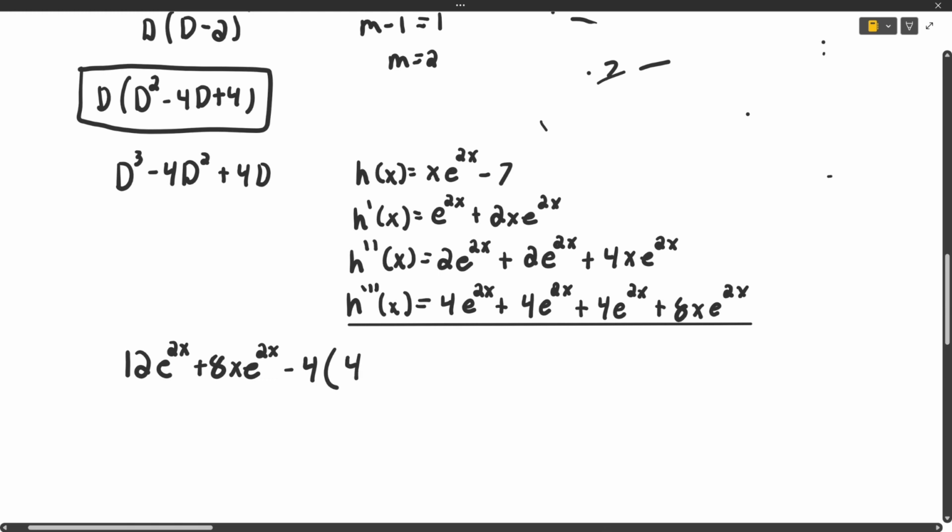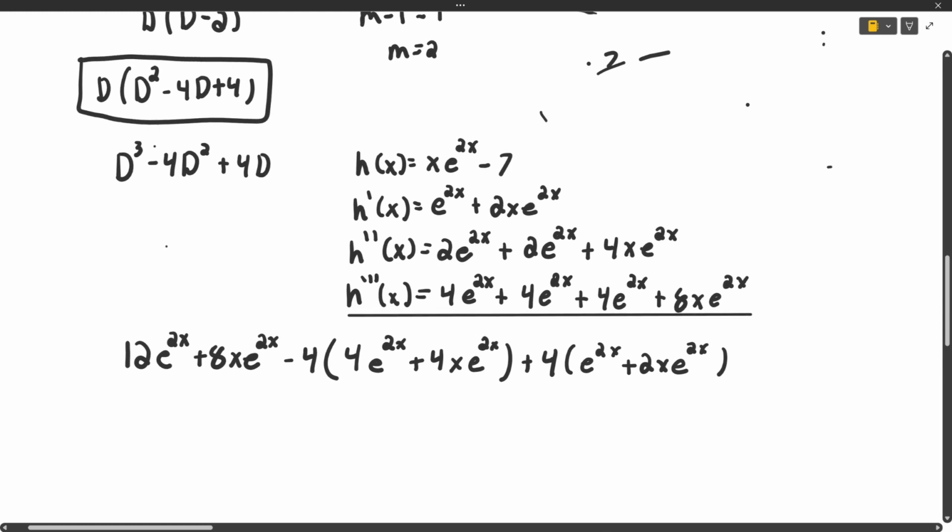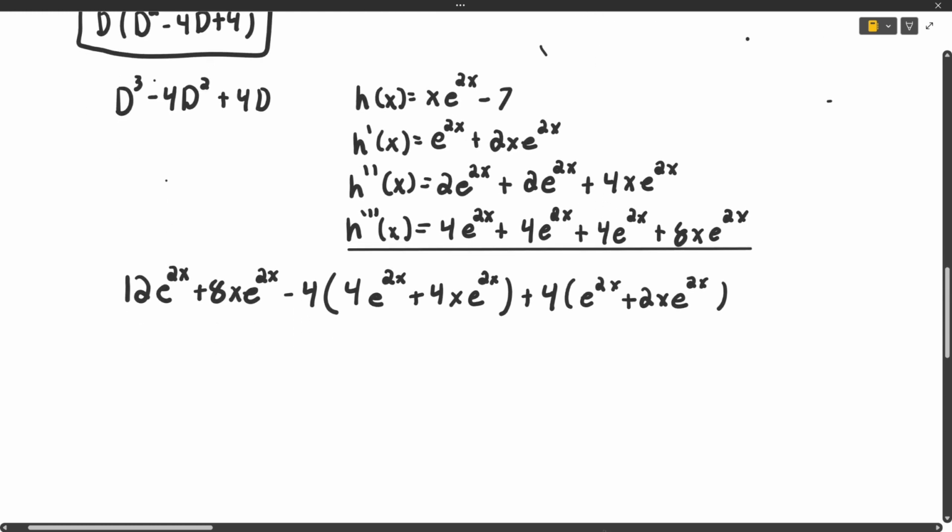We have 4e to the 2x plus 4x e to the 2x, plus 4 times our first derivative, which is e to the 2x plus 2x e to the 2x. Now we simply distribute, and we're going to see that all these things cancel very nicely.